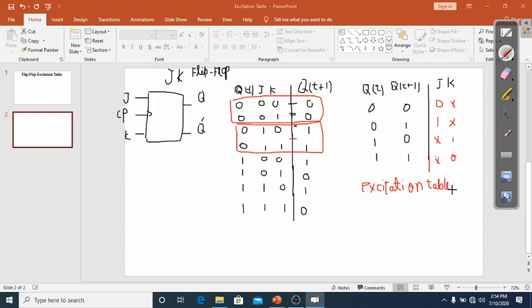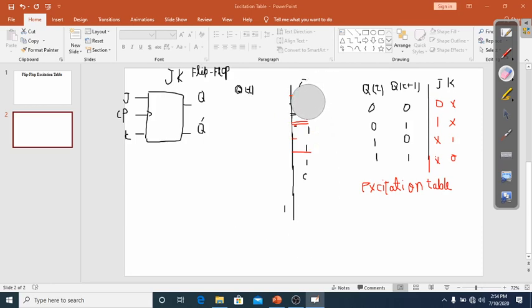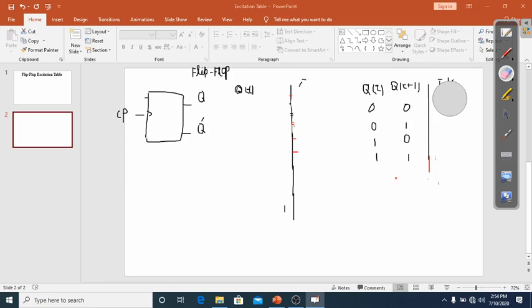Now let us talk about D flip-flop. In case of D flip-flop, we have one input, which is D, and next state is Q of t plus 1.